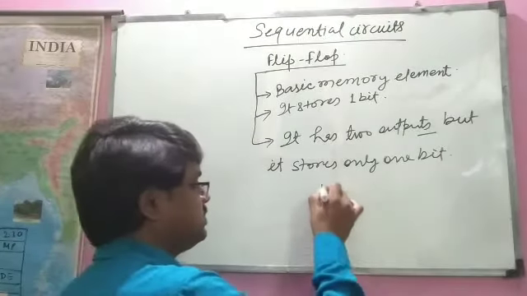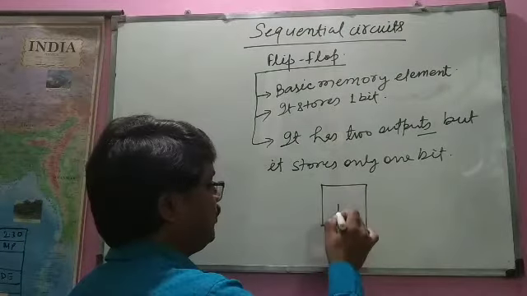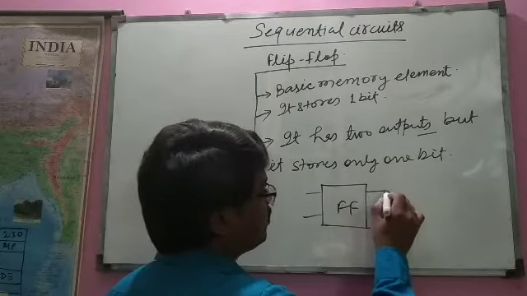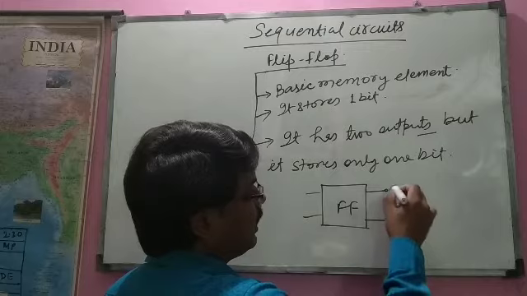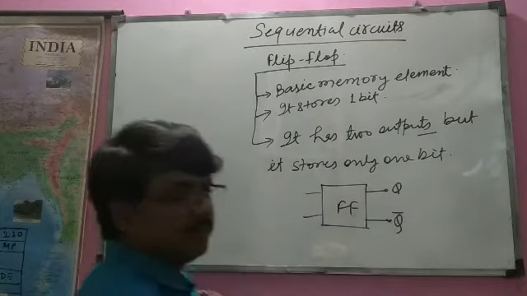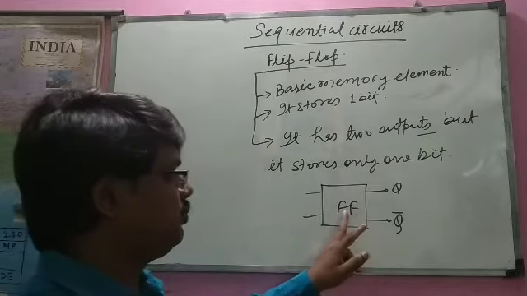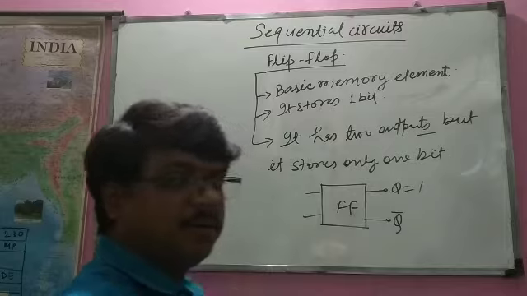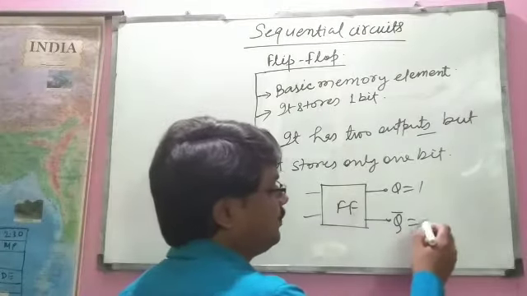See, it is the flip flop, and there will be some input, but its outputs are two. If one is Q, then the other will be Q bar. So if this flip flop stores 1, then Q is 1, and so Q bar is automatically 0.